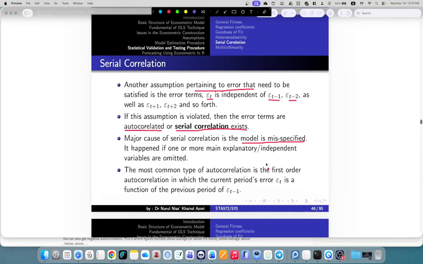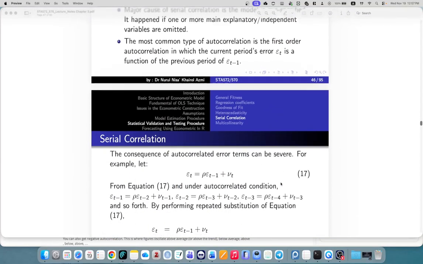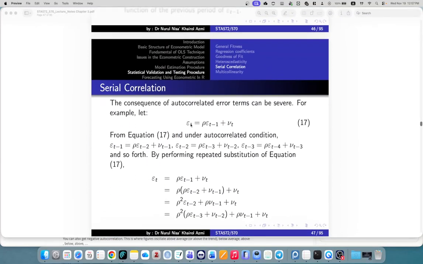The most common type of autocorrelation is the first order autocorrelation, where the previous period has a relationship with the current one. Based on this relationship, we can look at the effect of serial correlation.